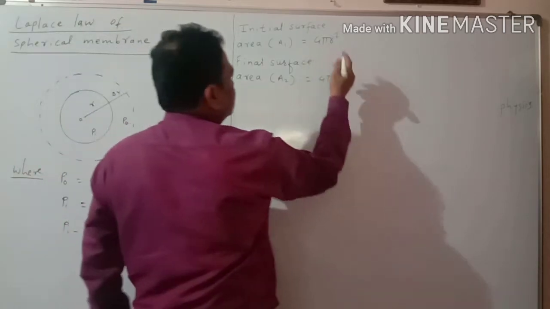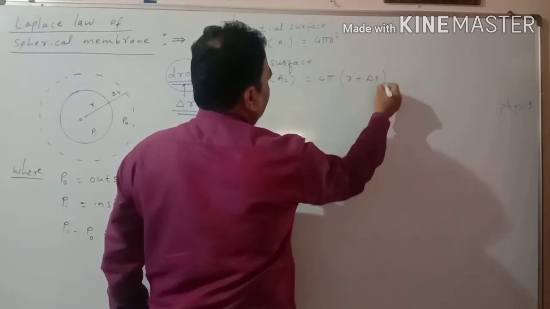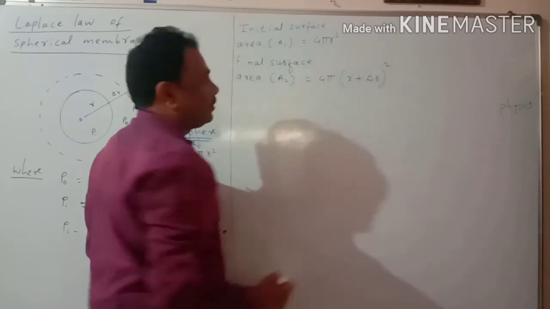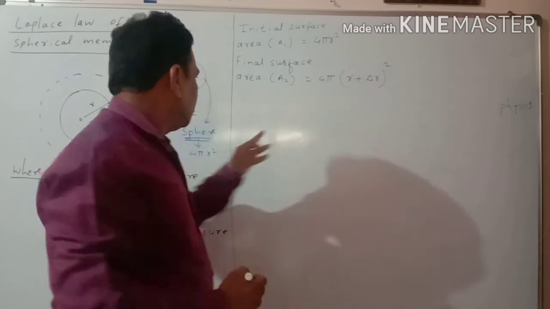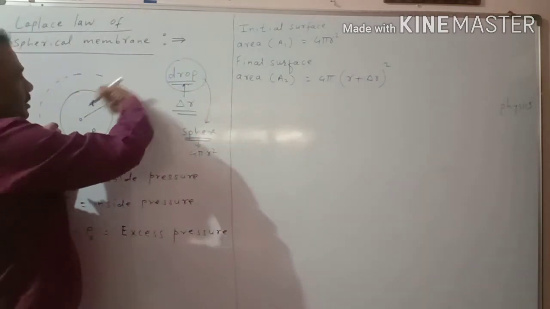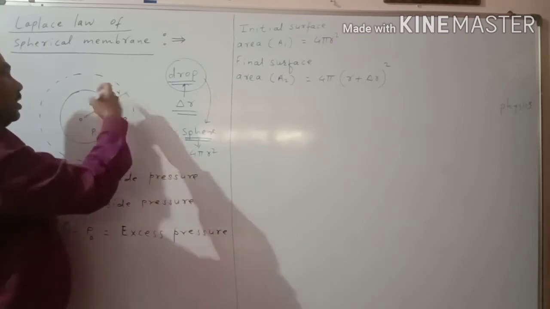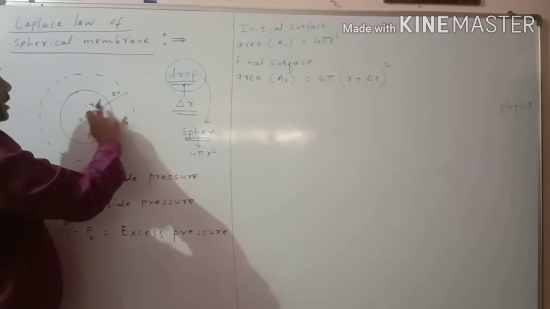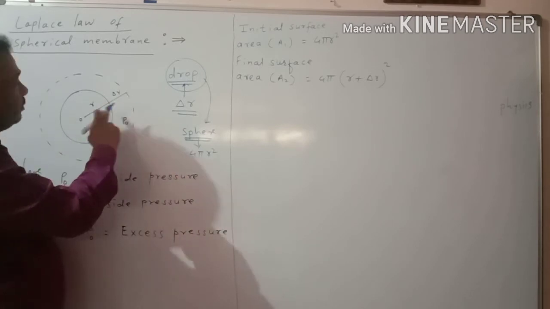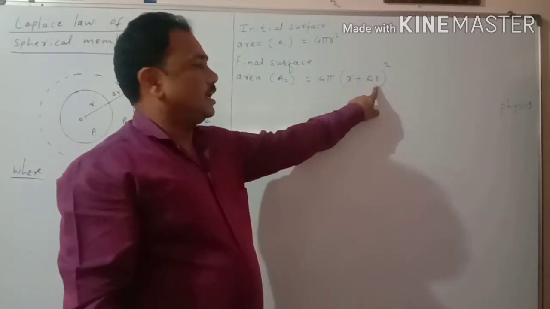Instead of r, we write r plus delta r whole square. Why do we write r plus delta r? Because we are increasing the radius of the liquid drop by delta r. After increasing the radius, we get the total radius for the final liquid drop, r plus delta r.